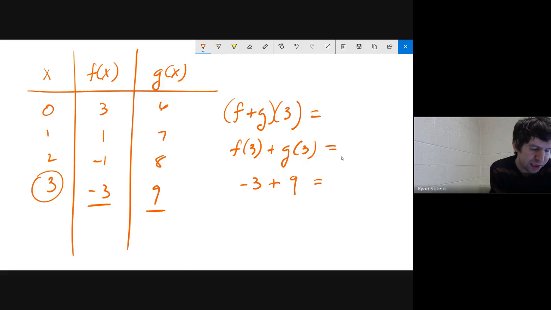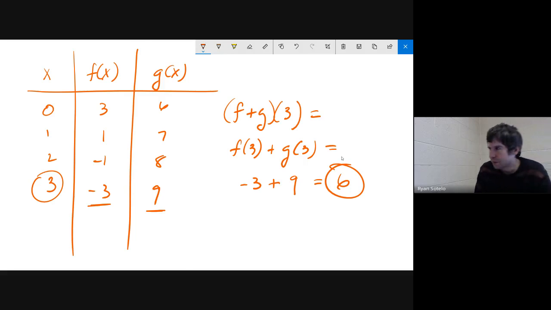And so that should give me 6. So you can use the table too. So if you have an expression, you can use the expression. If you have a graph, you can use the graph. And if you have a table, you can use the table. The graph and the table are going to ask about specific values. The expression, they might ask about a specific value, or they might just have an x here where the 3 is.